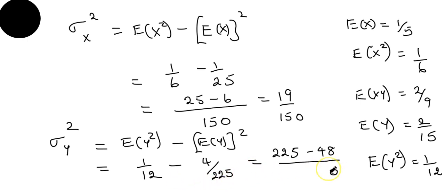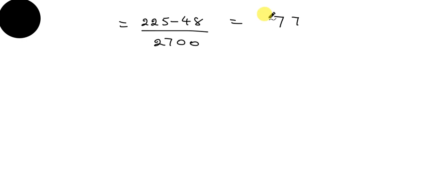So 12 5s are 60, carry over 6, 24 plus 6 is 30, carry over 3, 12 2s are 24. So 2700, and the numerator is 225 minus 48. This would give me 15 minus 8 is 7, 11 minus 4 is 7. So 177 by 2700, which is nothing but my sigma y squared.